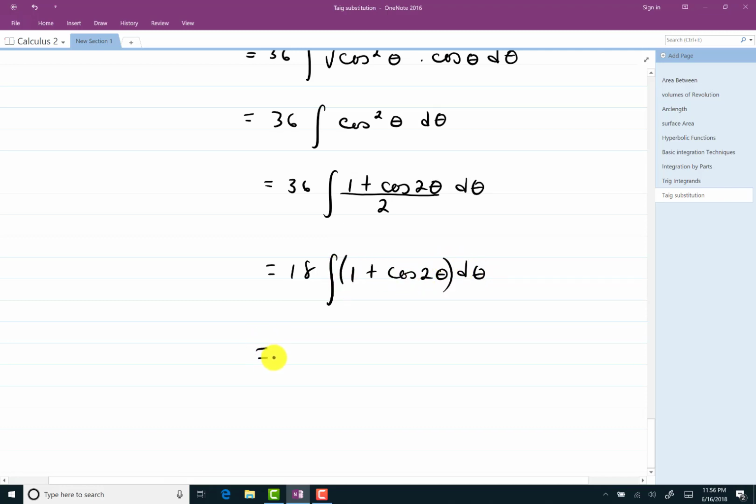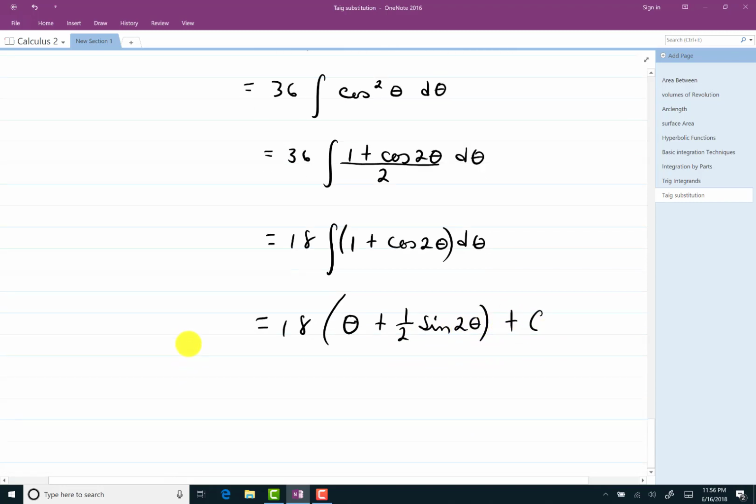Now I'm ready for my integration. The antiderivative of 1 in this scene is theta. And then here, if you'll remember, you'll not just get sine of 2 theta, but because of the 2 in here, you'll get 1/2 sine of 2 theta. And now you're ready to put your plus c because all integrals are gone.